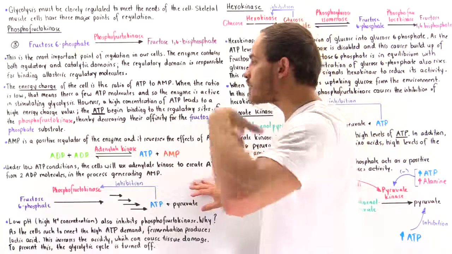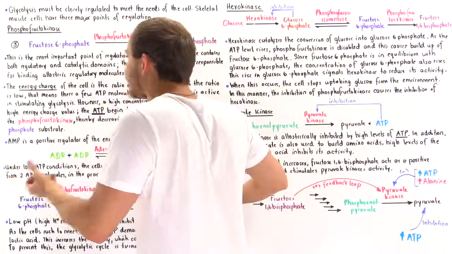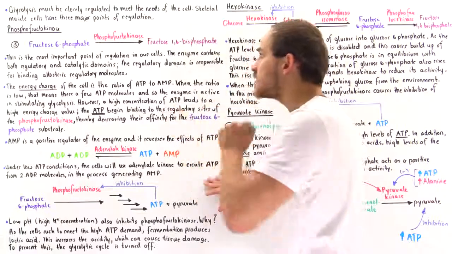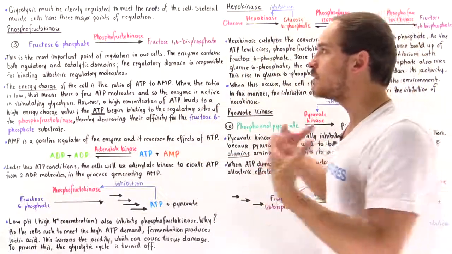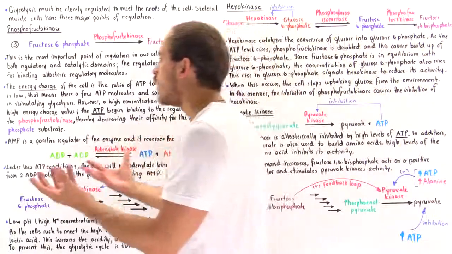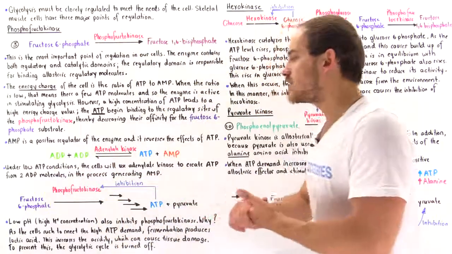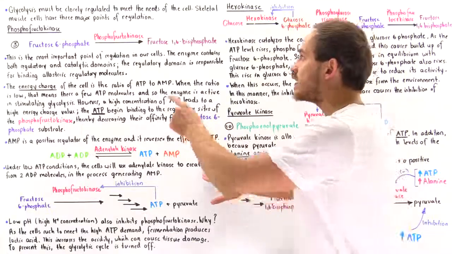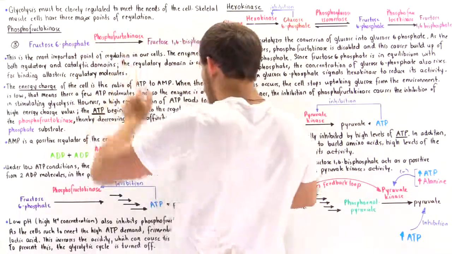And so what our cell does, to prevent damage due to that acidity, is shut down the glycolysis process to prevent any further production of those H+ ions. And so we see a low pH can actually inhibit the activity of the phosphofructokinase.